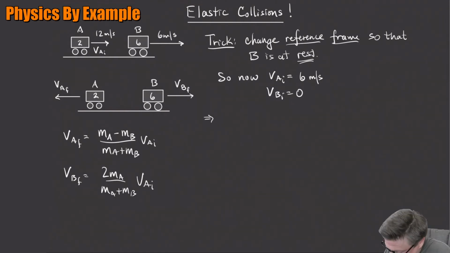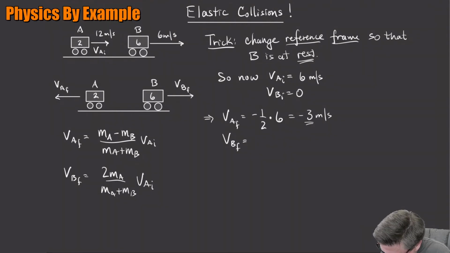So VA final is -1/2 times the initial speed, which we said is 6 in this frame, so this is going to be -3. And VB final in this frame is going to be 1/2 times 6, or +3.